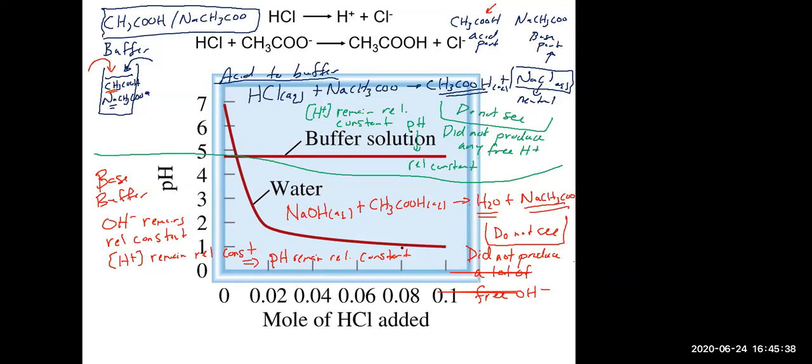What it essentially allows that solution to do is maintain the concentration of H plus that was in the solution originally. And because the concentration of H plus is relatively constant, you will have a relatively constant pH and you will not see a tremendous jump in the pH of that solution.